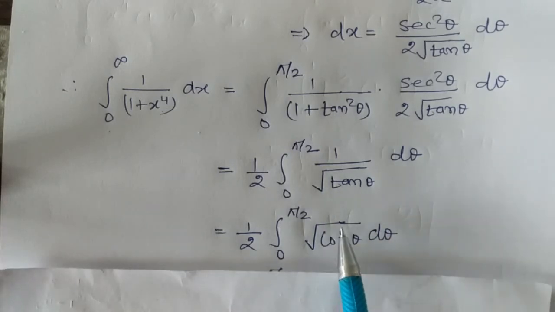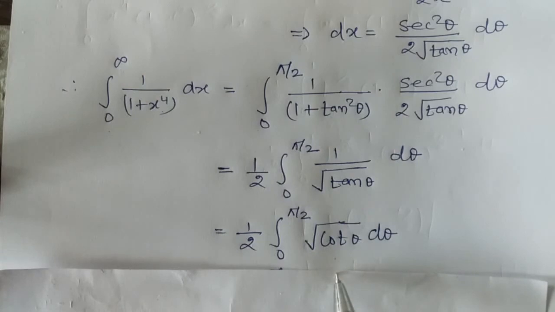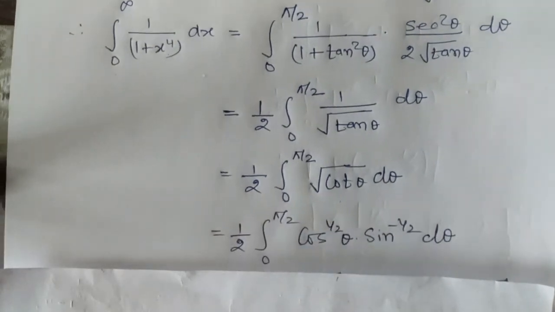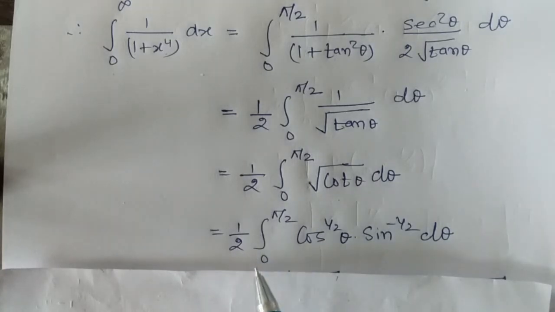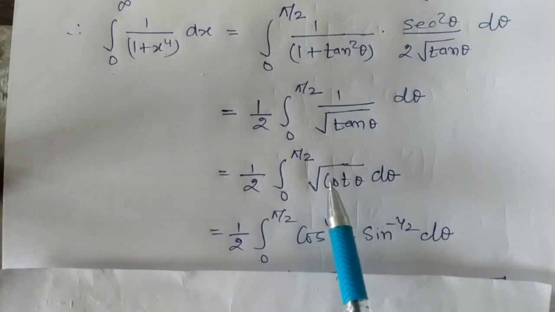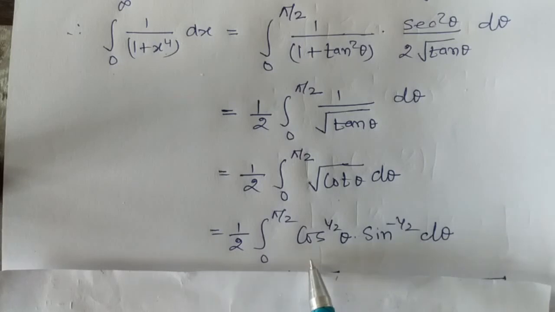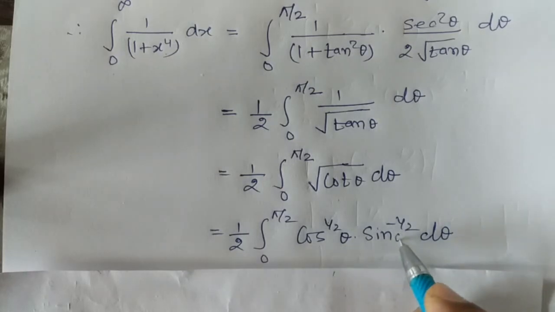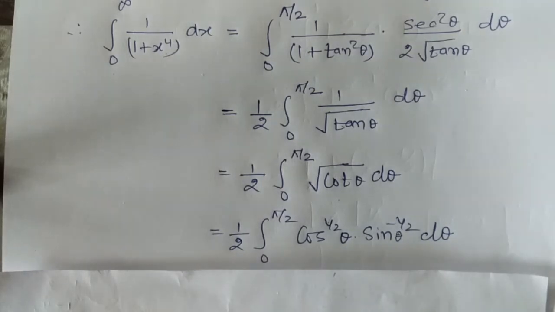So we have 1 by 2 integral from 0 to pi by 2 of cos theta power half upon sin theta power half, and sin theta power half goes in the numerator and becomes sin theta power negative half d theta.